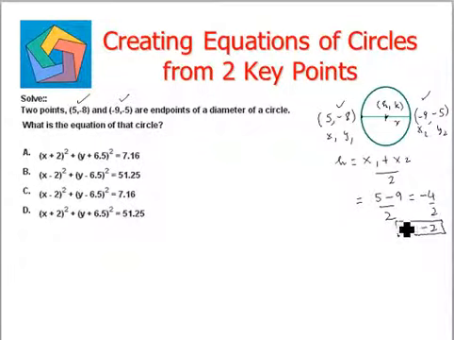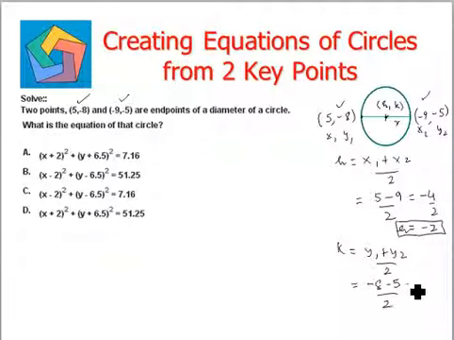k is given by (y1 + y2)/2, which is (-8 - 5)/2, which is -13 over 2, or -6.5. That is k.